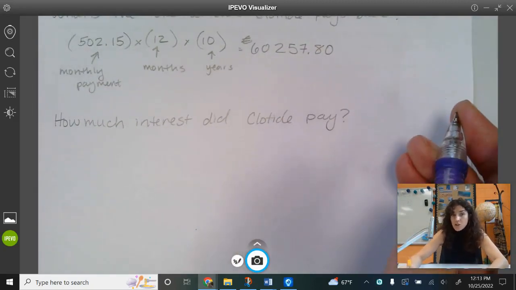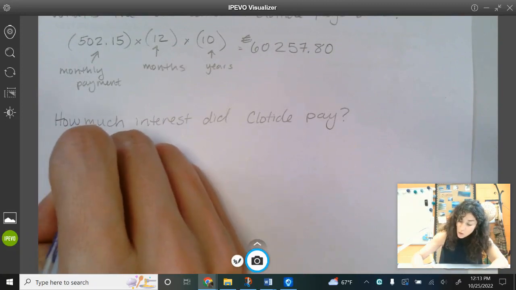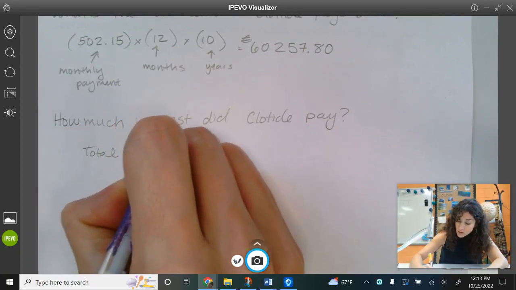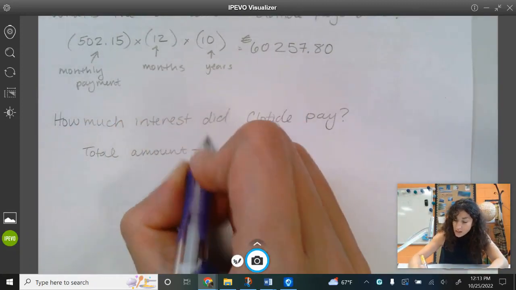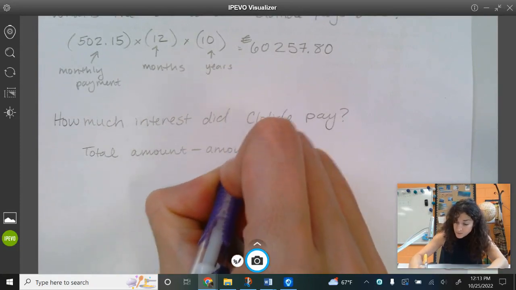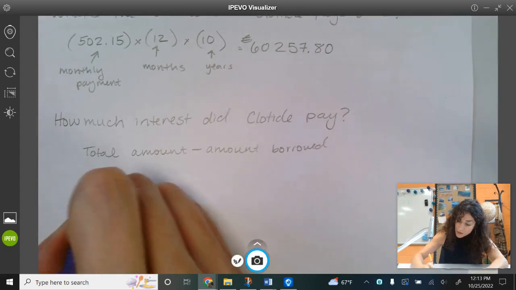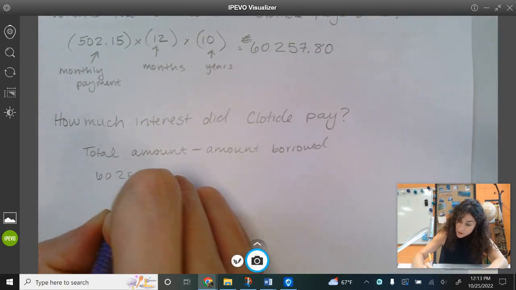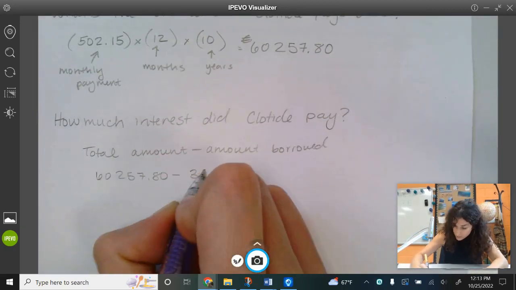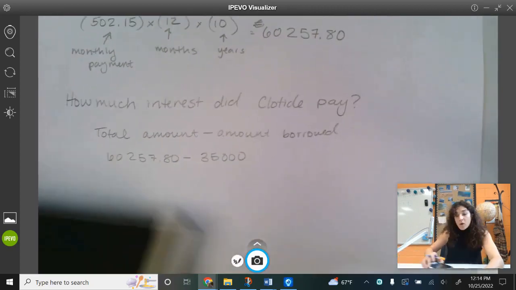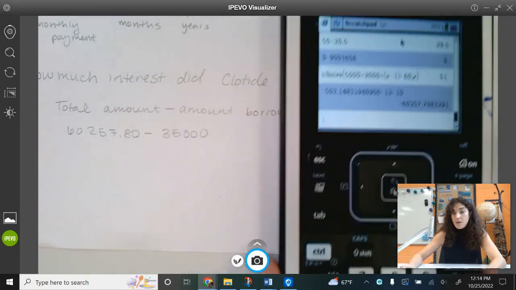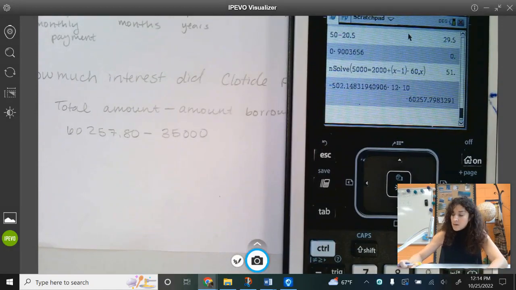In other words, how much more than what she borrowed did she pay? So we take the total amount and we would subtract the amount borrowed. And that difference, that leftover amount, is how much more money she paid.